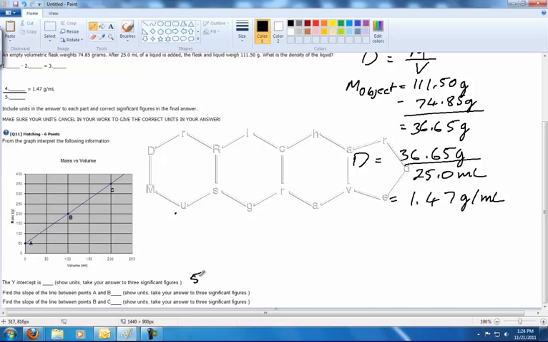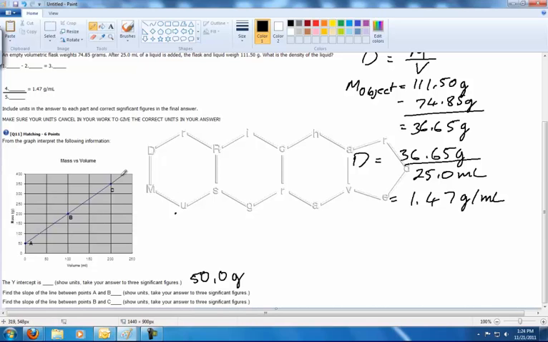Now it says to take it to 3 significant figures, but for a graph it's hard to tell what number of significant figures you need to use, especially if you can't tell how many graduations there are. That's why you've been told arbitrarily to take it to 3 significant figures. Since the y-axis is in grams, and that's where the line cuts the y-axis, wherever x equals 0, that's the y-intercept, and that's going to be 50.0 grams.